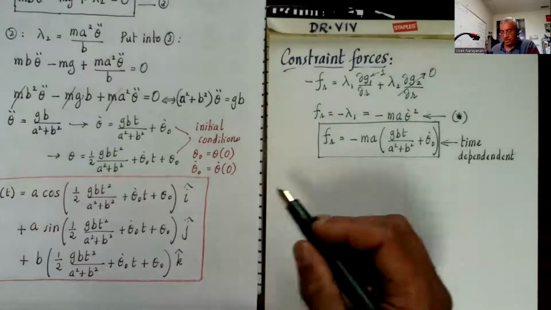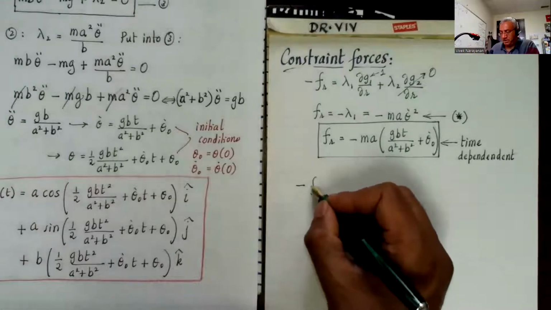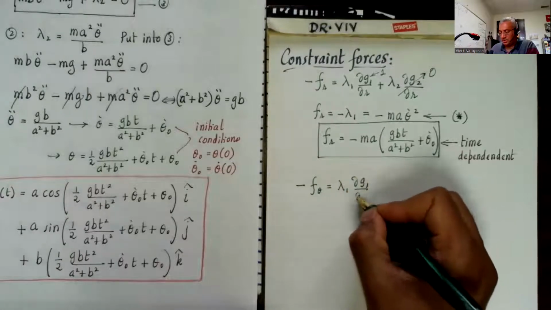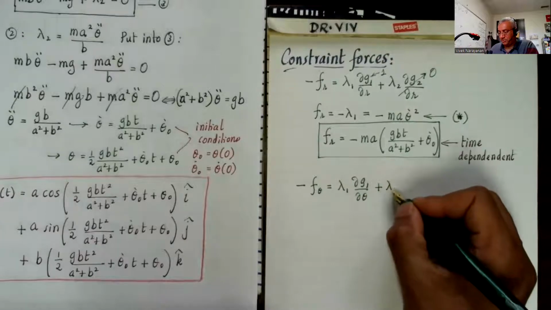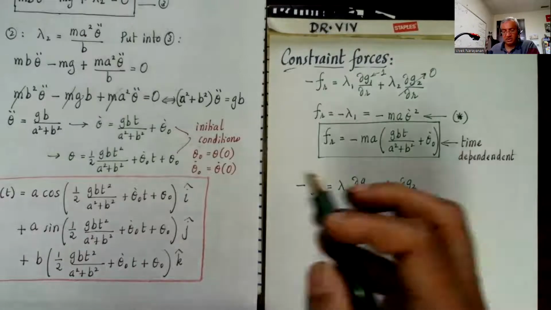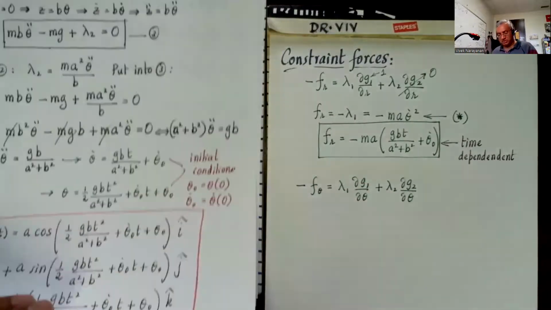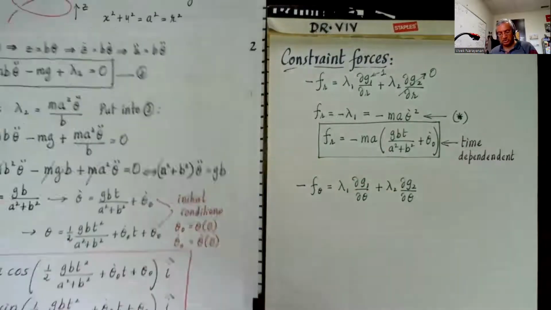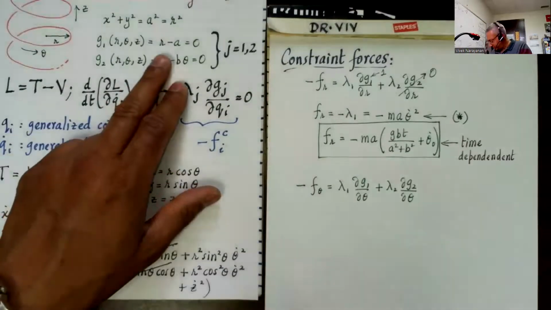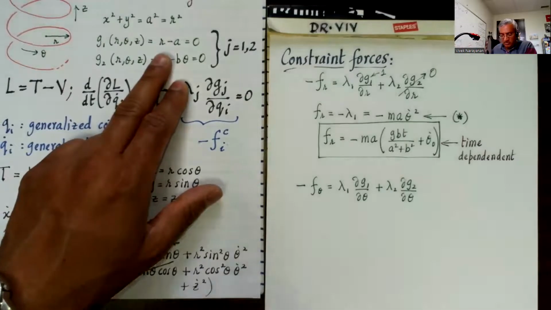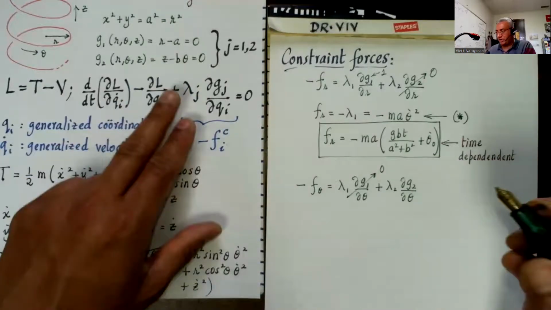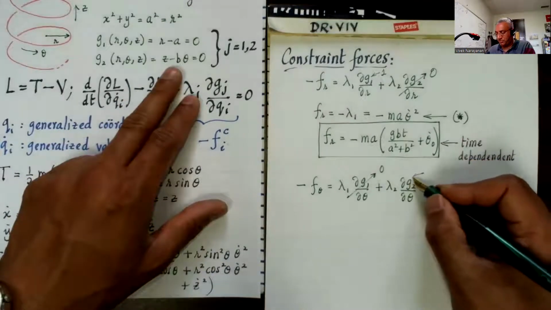Now we do the next one, which is F theta. Negative F theta is lambda 1 del G1 by del theta plus lambda 2 del G2 by del theta. Well, G1 has no theta in it. So I'm going to get 0 there. Del G2 by del theta is just minus b.